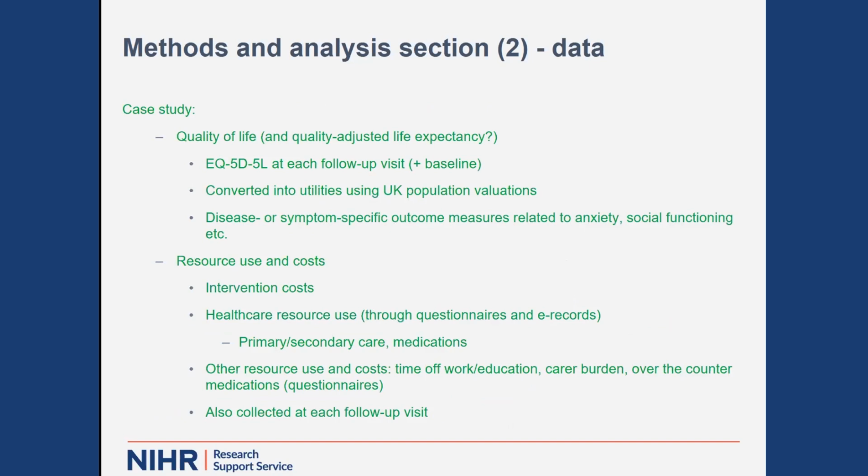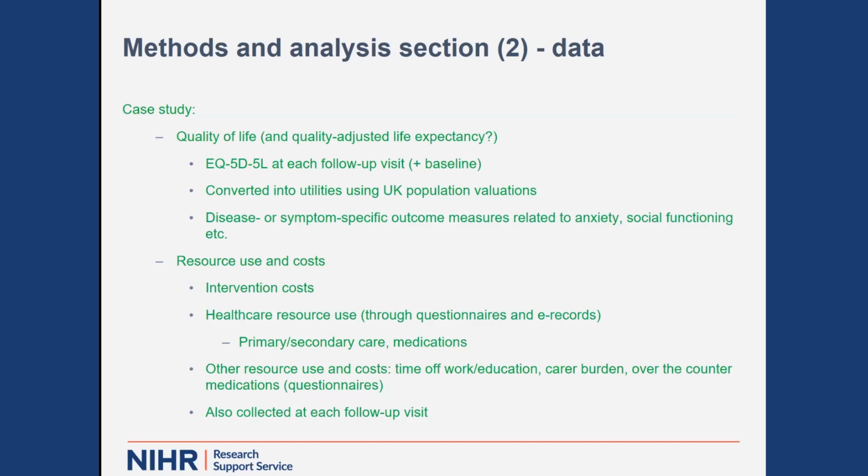So in the case study, we would describe that we're capturing outcomes in terms of quality of life using the EuroQol EQ-5D 5-level questionnaire at baseline and at each follow-up visit. And we're going to convert that into utilities using the current recommended methods using UK population valuations.